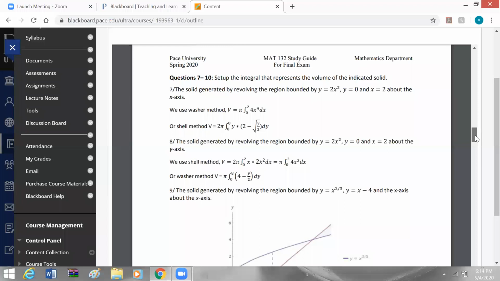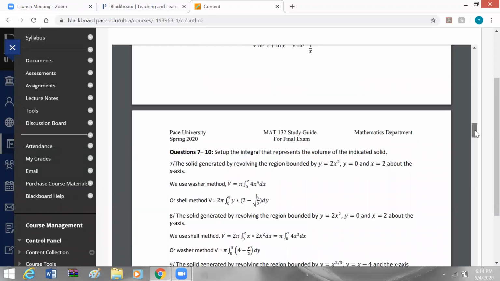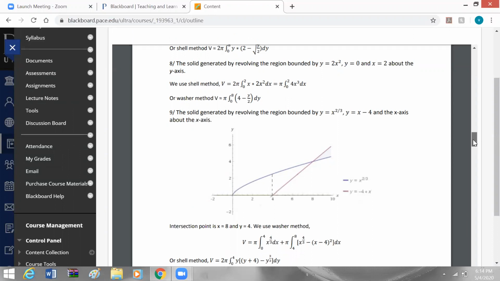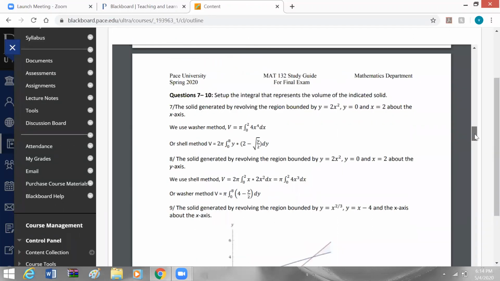But for the volume, we need to know where we're going to use the washer method or the shell method. So I check two ways. We can do it both ways, using V equal to pi r squared, or V equal to 2 pi h x.